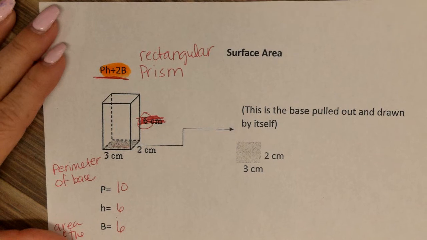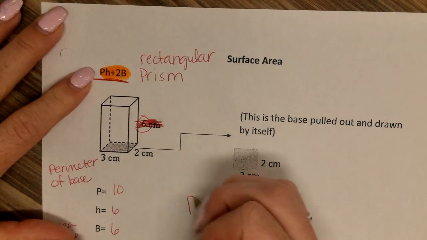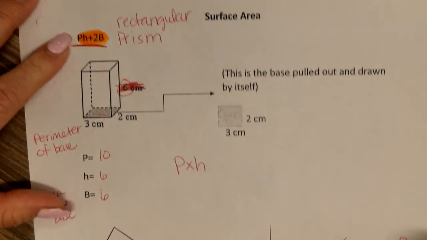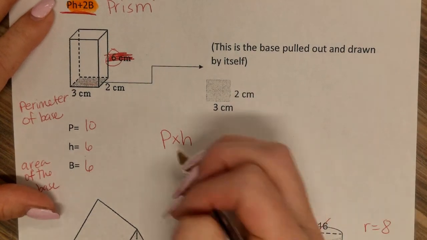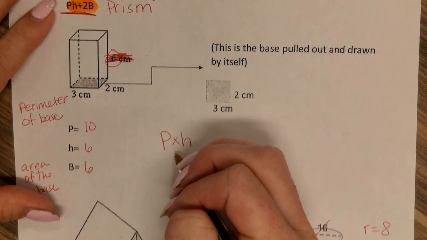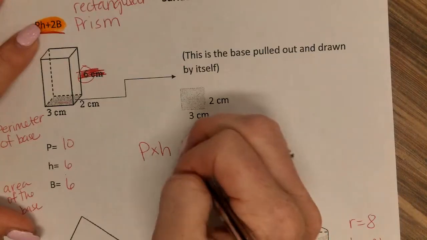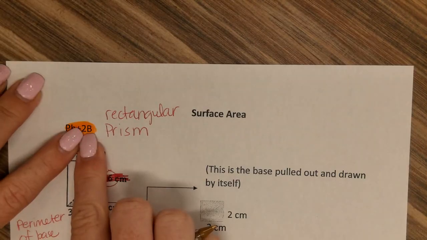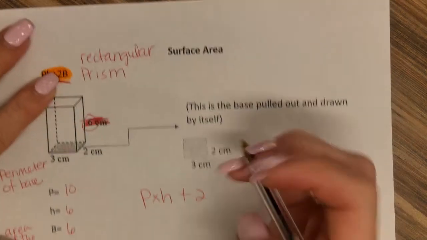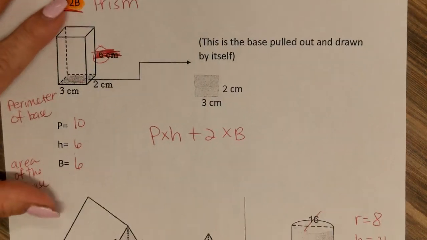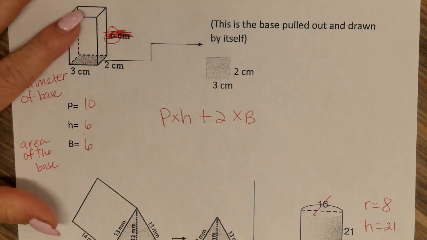Are we good? What does the formula say to do? P times H. What does it say to do? Look, what does it say right here? P times H plus 2 times B. Well, did I find the P, H, and B? Yes, so I just plug it in.